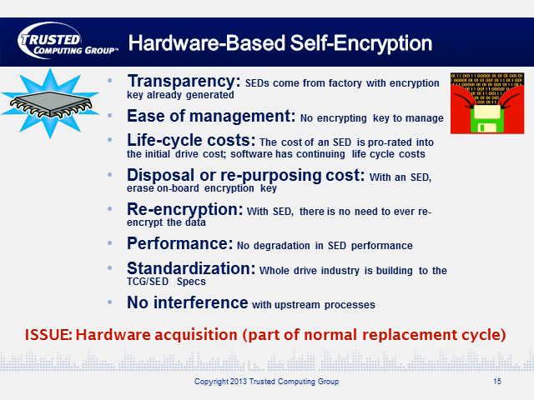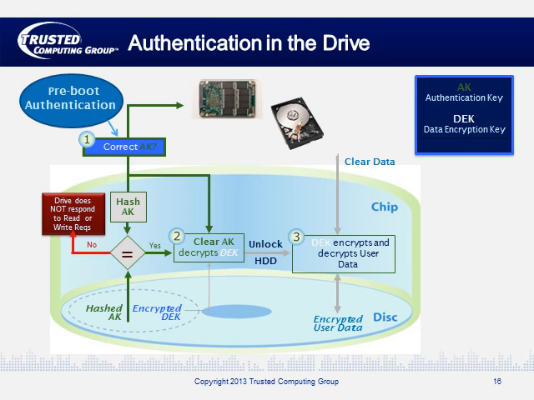The specs have been out for 4 years or more. The drive industry has been building to the specifications. We're on our second and third generation self-encrypting drives, very mature, very stable, and so both small and large customers are finding they can replace their normal storage devices with self-encrypting storage devices as part of the normal replacement cycle. It just fits right in.